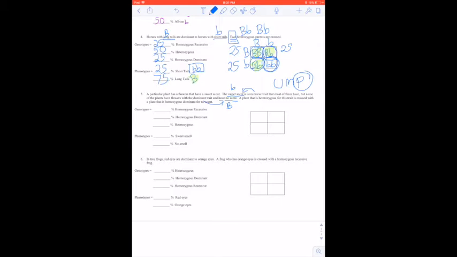It tells me that the plant is heterozygous, so if I think to myself about what heterozygous means, it means different, so I'm going to put that directly in the box just because I don't have a lot of room. Heterozygous means one capital, one lowercase. The other parent is homozygous dominant, so homozygous meaning same, dominant meaning capital. So 2 letters that are the same in capital. When I fill out the box by bringing the letters straight down and straight over, this is what I end up with.